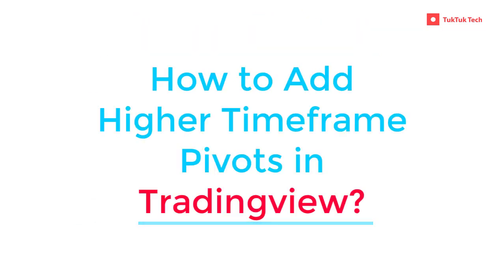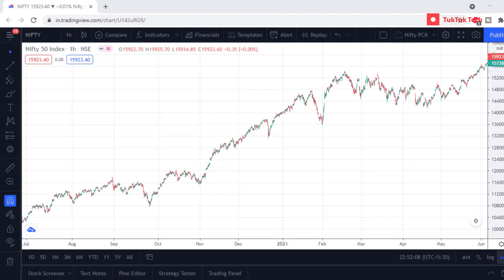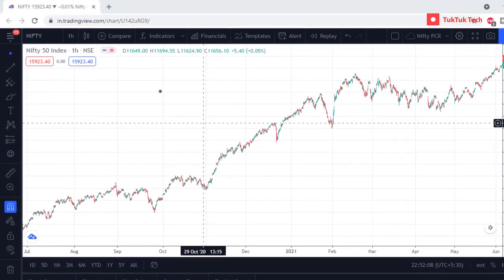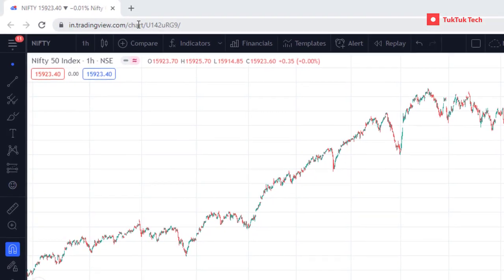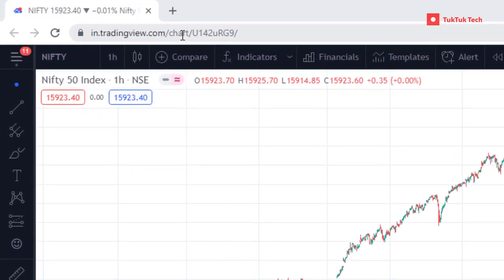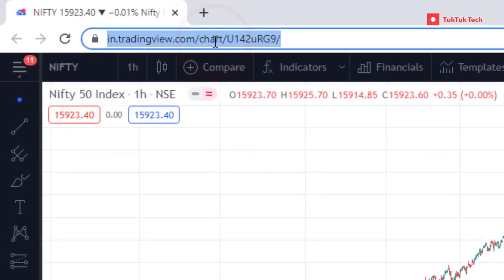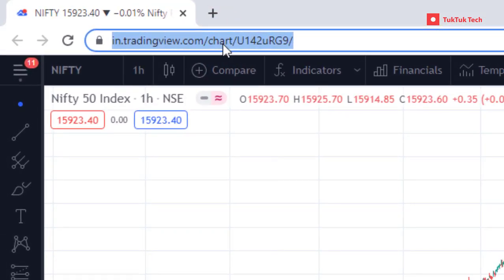How to add higher time frame pivots in TradingView.com. Open TradingView.com and open any stock chart. In this example, I have selected the Nifty Index chart.